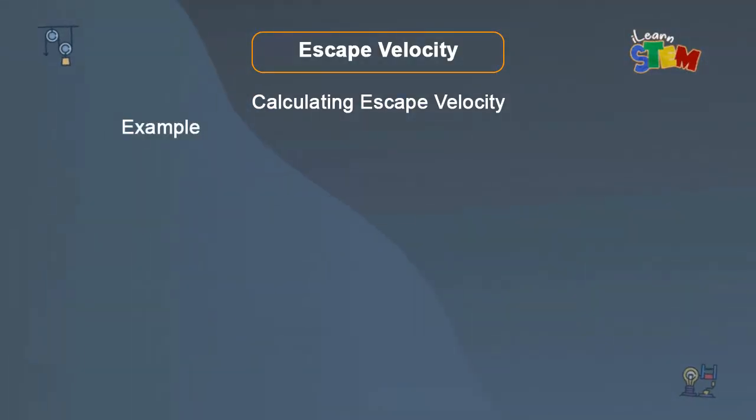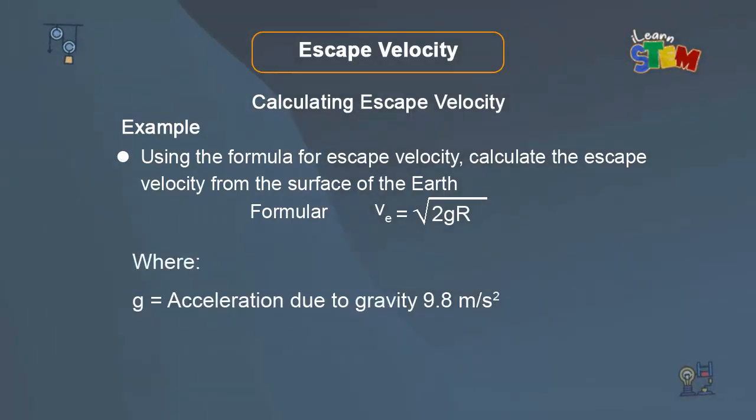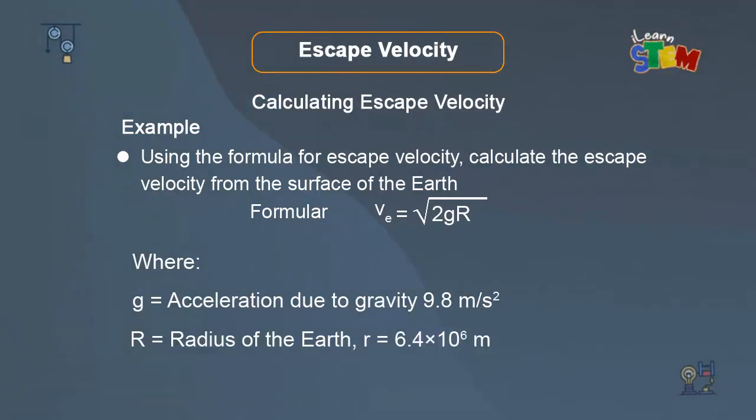In this example, we are calculating the escape velocity from the surface of the Earth, using the formula escape velocity equals the square root of 2 times g times r, where g is 9.8 meters per second squared, and r is the Earth's radius, 6.4 times 10 to the power of 6 meters.